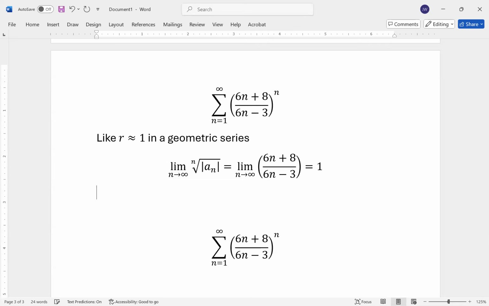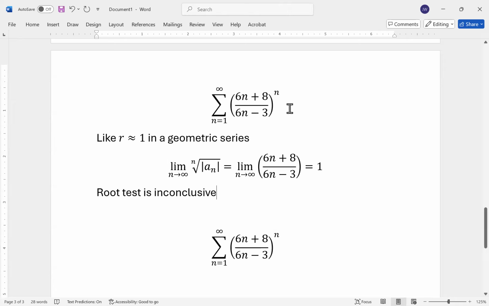In this case, the root test is inconclusive. So I wouldn't know via the root test whether or not this series converges or diverges.